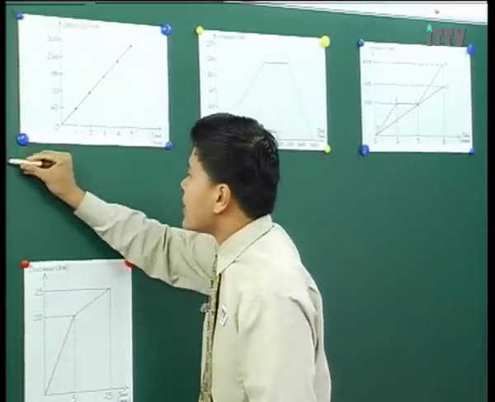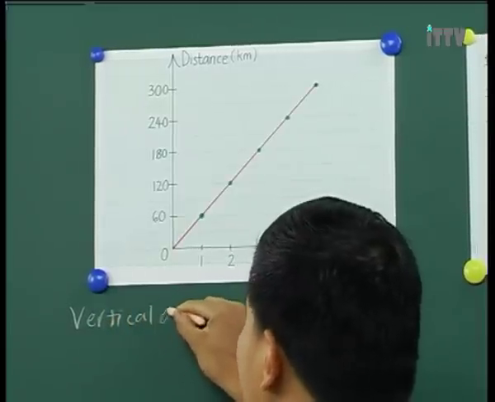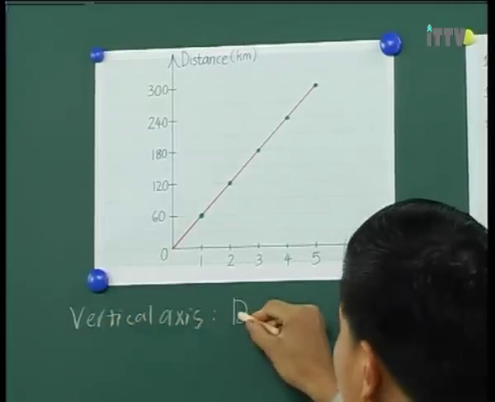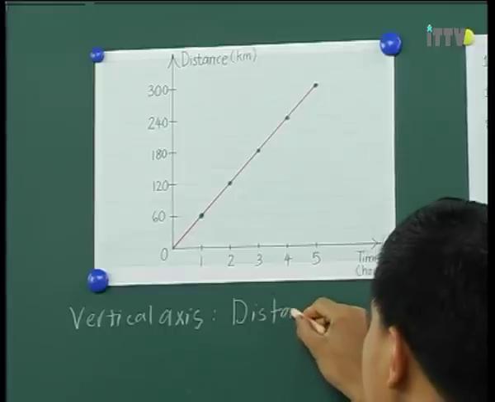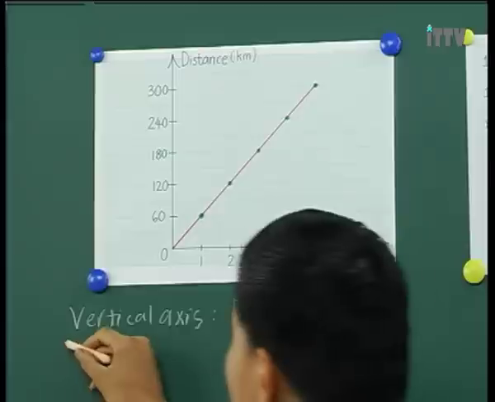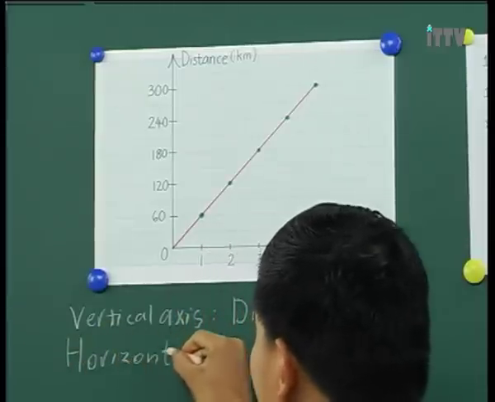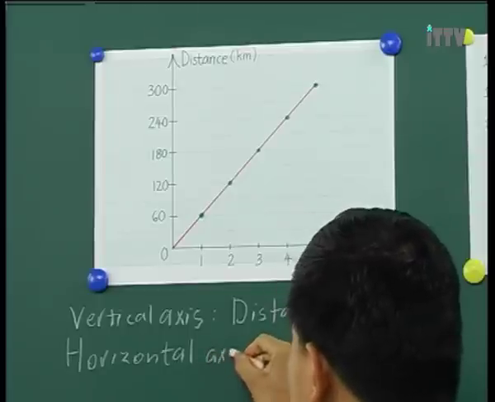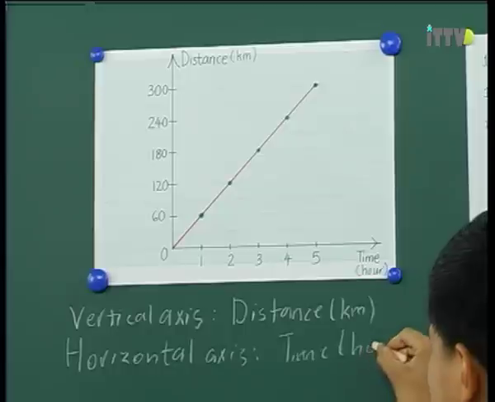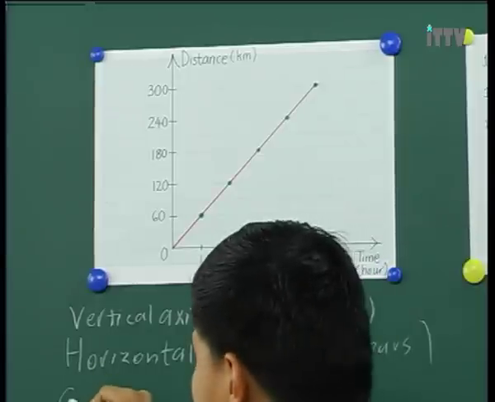Alright, so on the vertical axis, or y-axis, what we have is distance in kilometers. And the quantity on the horizontal axis is time, and the unit is hours. So now remember the gradient. What is the gradient?